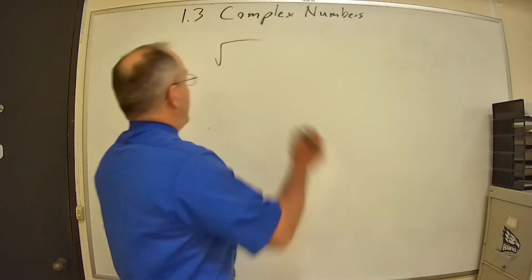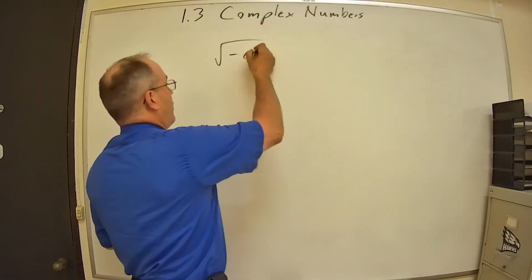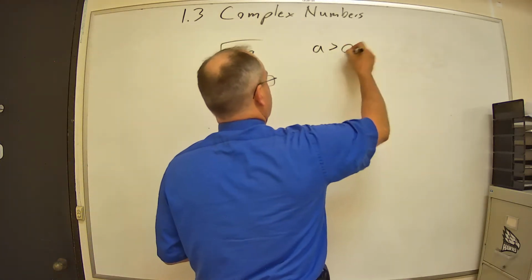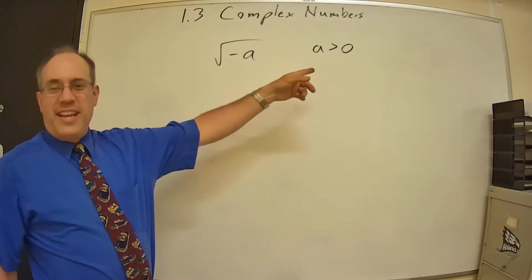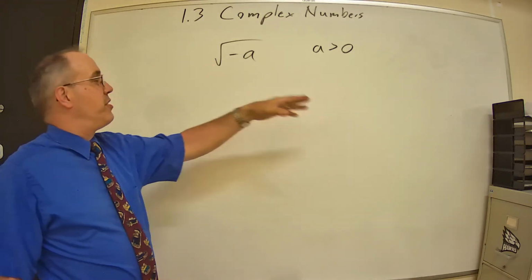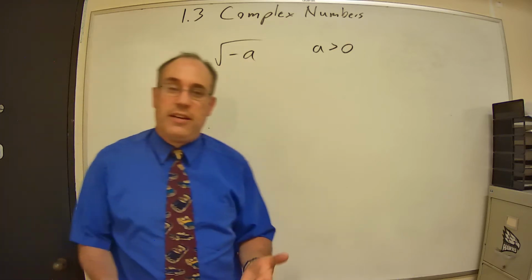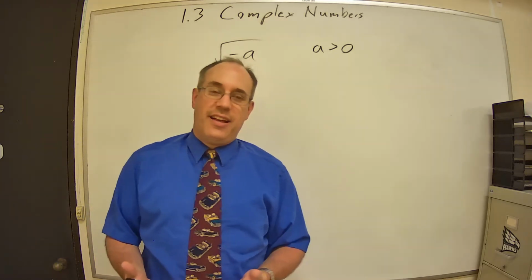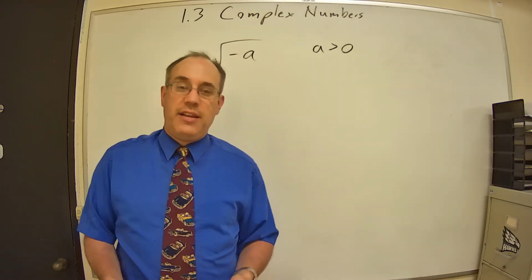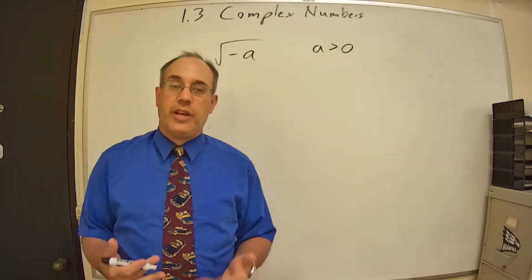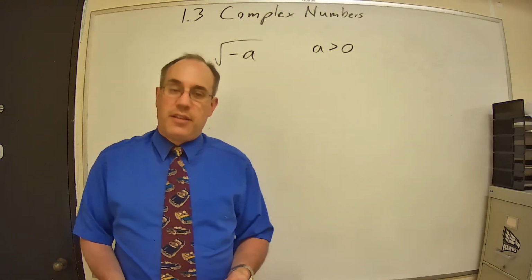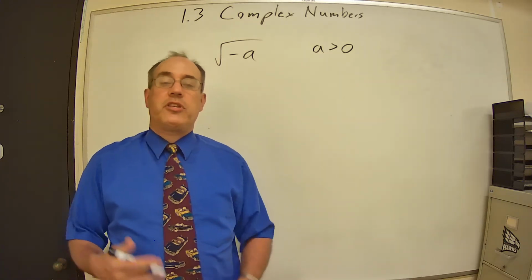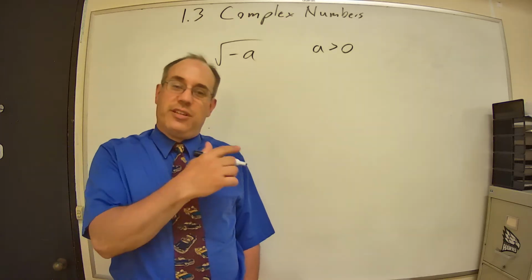But if we put a negative number underneath that, say negative a, making sure that a is greater than 0, therefore negative a is going to be a negative number, you should remember that you can't take the square root of a negative number. If you plug that into a basic calculator, it's going to give you an error. I say a basic calculator because if you have a graphing calculator or a better scientific calculator, it can actually give you a result for that.